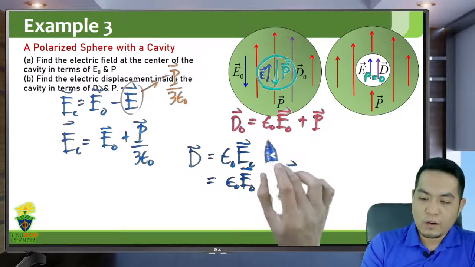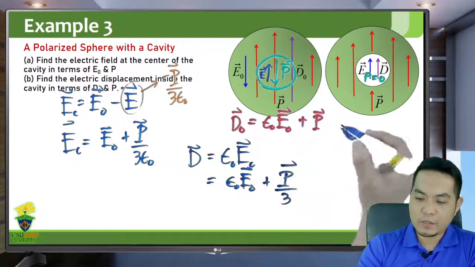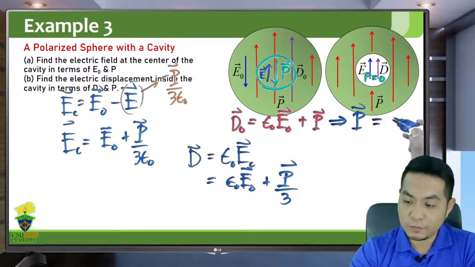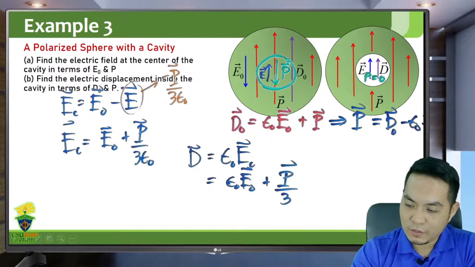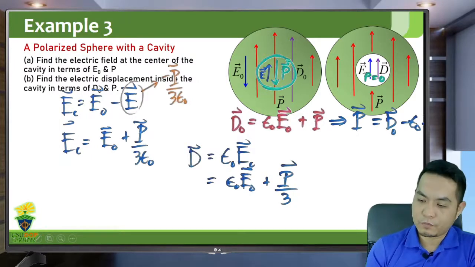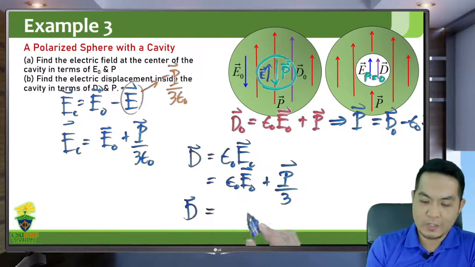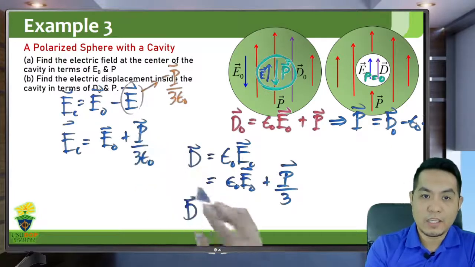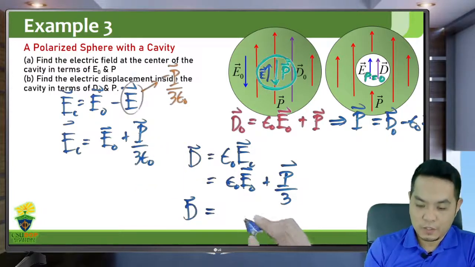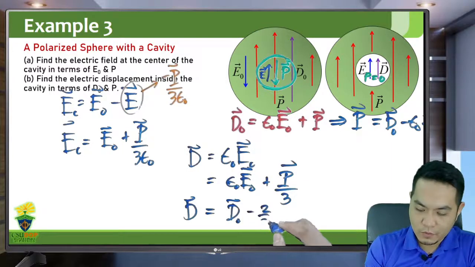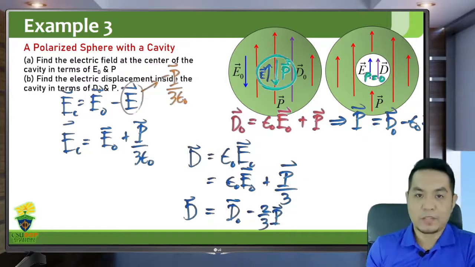We will write this in terms of D naught. From here, we see that P is equal to D naught minus epsilon naught E naught. So we can write the displacement in the cavity in terms of D naught and P: the original displacement D naught minus 2/3 P.